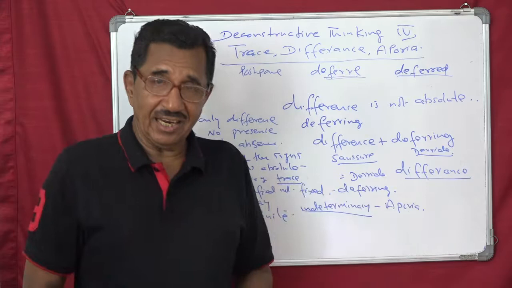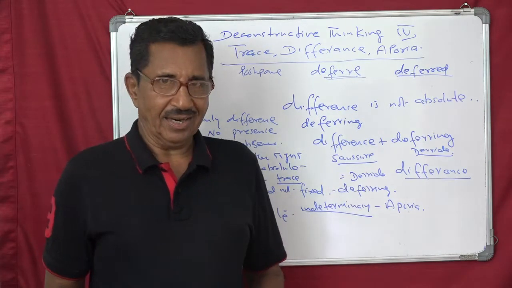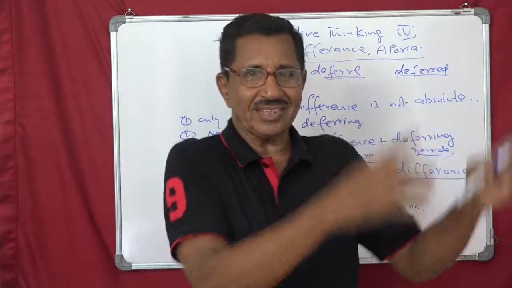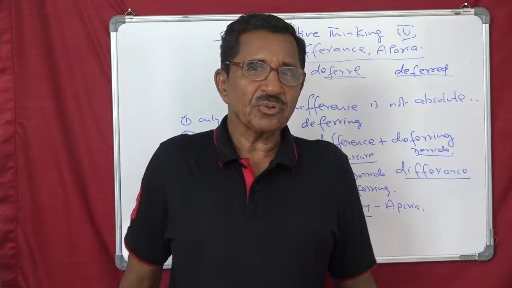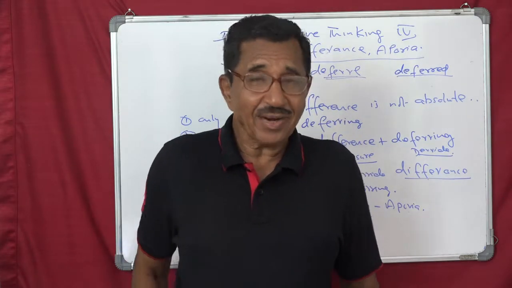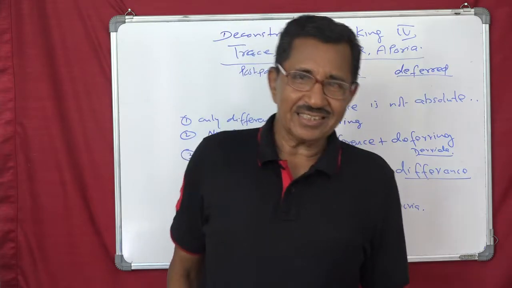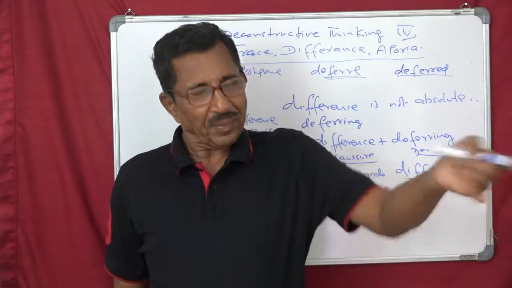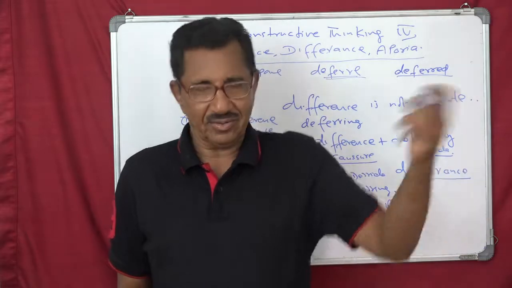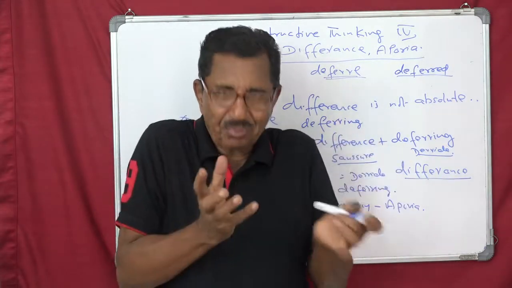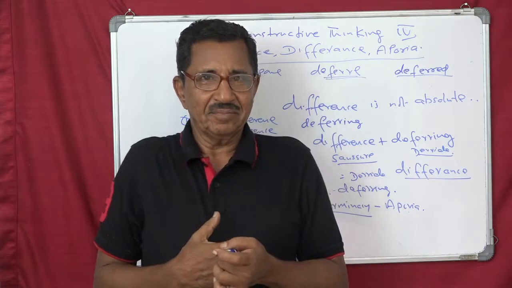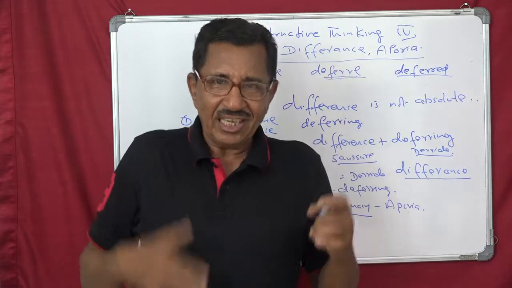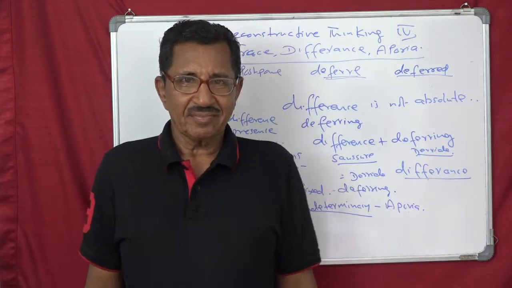Because of the indeterminacy, there is aporia. You come to a particular place, you don't know how to proceed, like a pathless wood. It's not a negative idea. When I said that aporia is like a pathless wood, it is not negative. It means it's still open-ended, so to say. The play continues, so you don't get a grasp of it. You cannot hold it like this. Because the play continues indefinitely or infinitely, you cannot fix them.